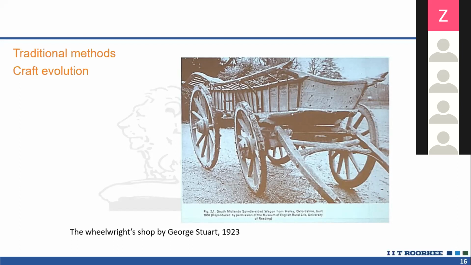So horses were attached here, and the products were transported. So basically, George Stewart was observing these carts, these wheelbarrows, and trying to understand how this has come up, because at that time the design process we were unaware of.